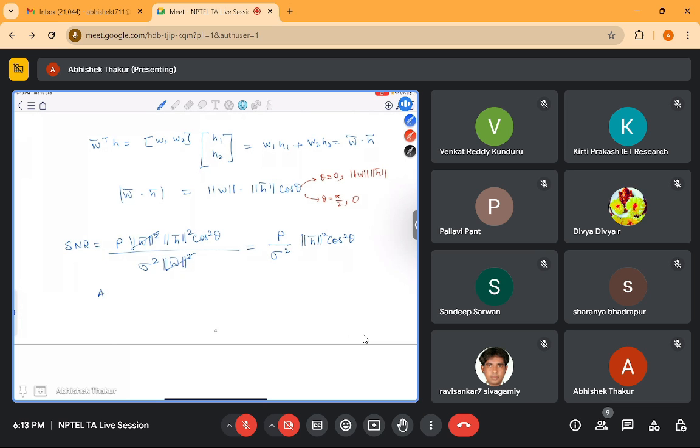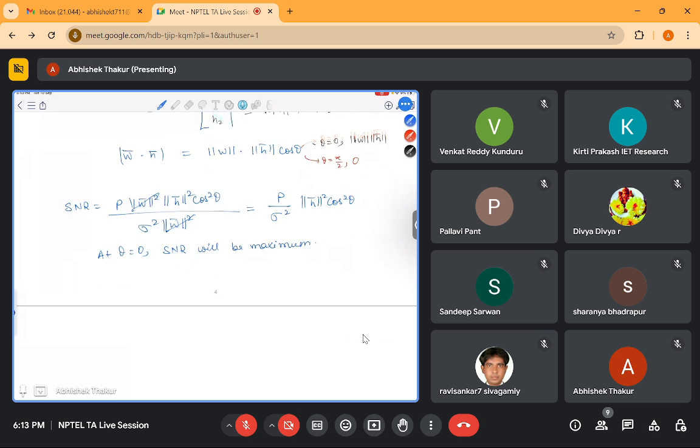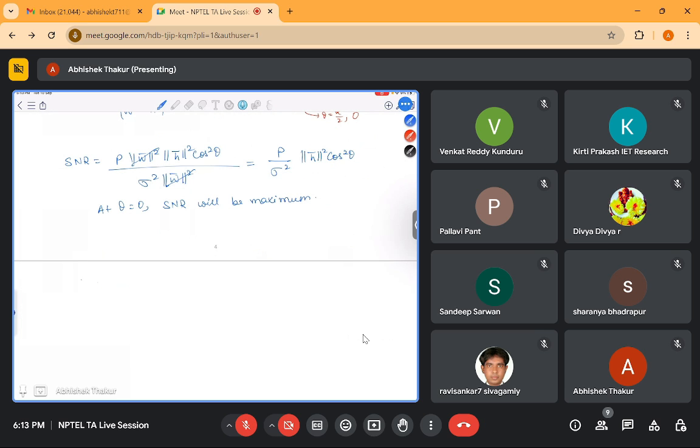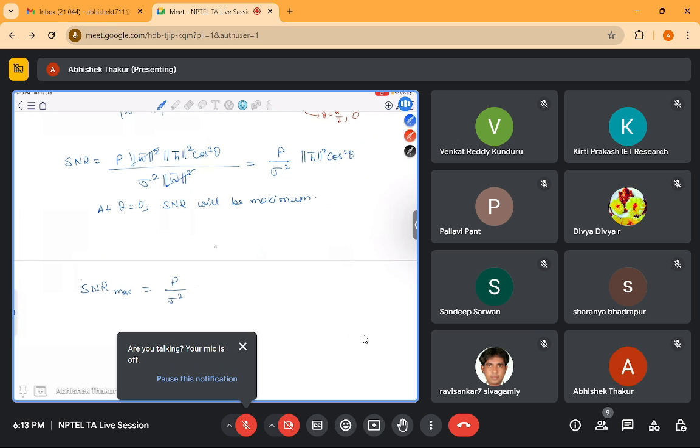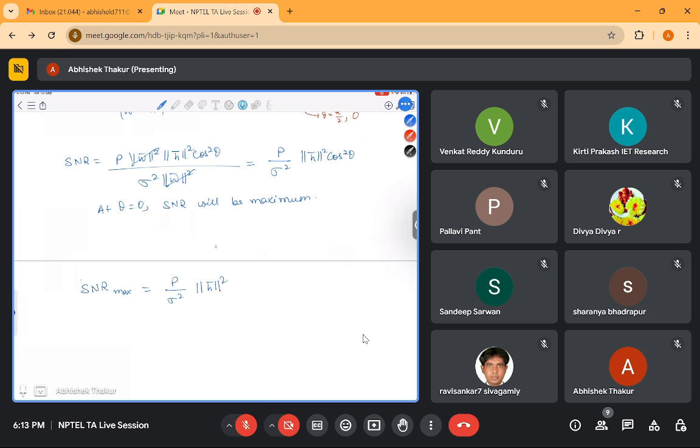The maximum SNR value will be P by sigma square times the magnitude of the channel vector squared.